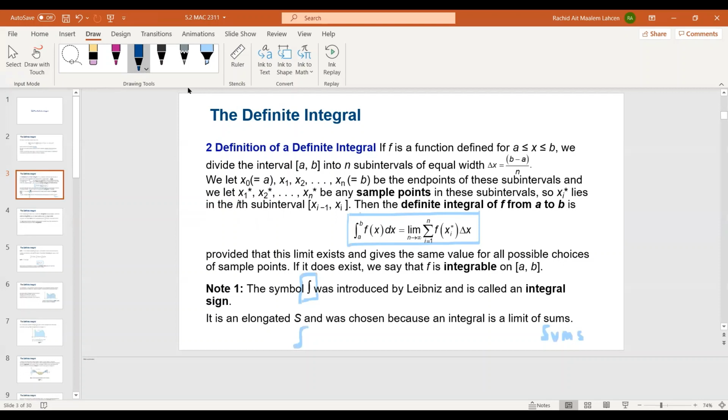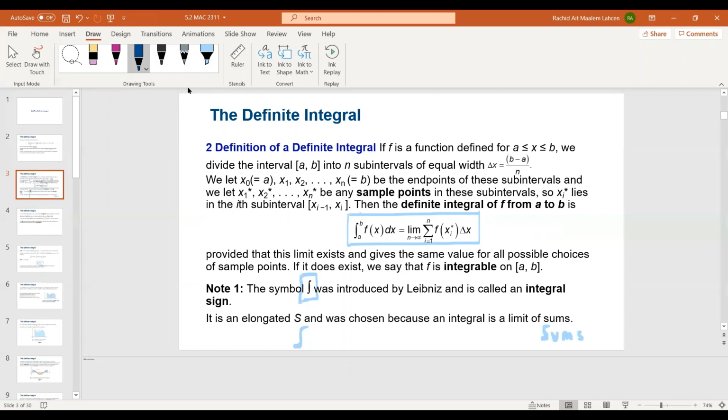The integral from a to b of the function f of x dx is that limit as n approaches infinity of this sum of these parts, by having as many parts as possible, because we saw in 5.1 you get a true value when you do that, provided that the limit exists, of course, and gives the same value for all possible choices.